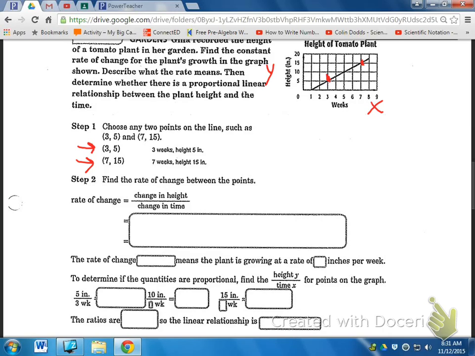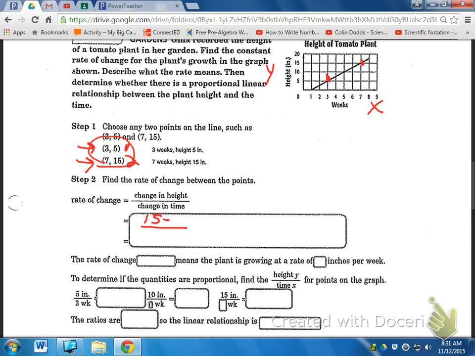So the change in height, what's the height now, the X or the Y? The Y. So you do the first and the second point. I'm going to say this one's the first and this one's the second one. What's the Y in the second point? 15.